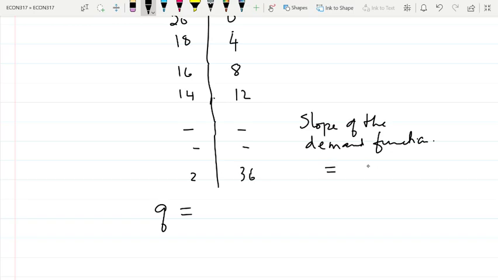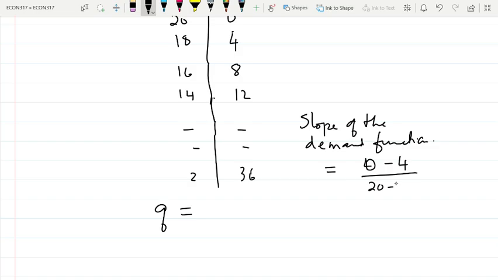I will write it as 0 minus 4, that's the change in quantity as price goes down from 20 to 18.